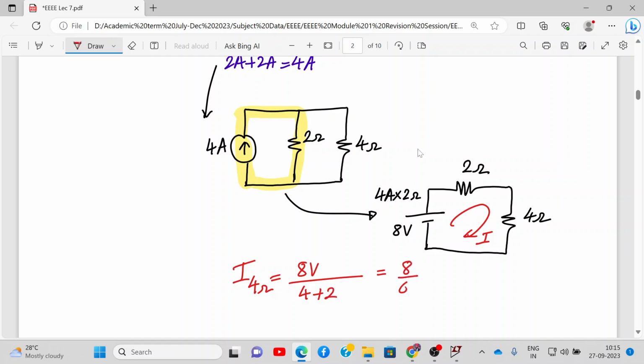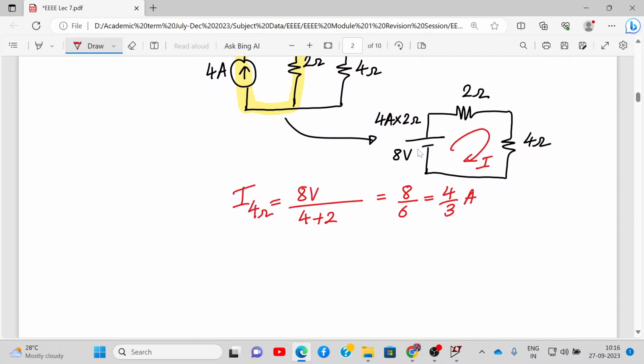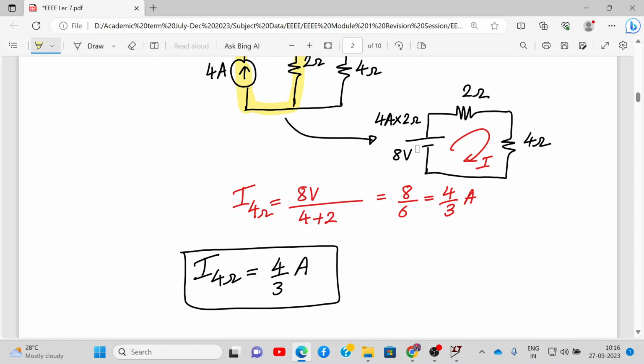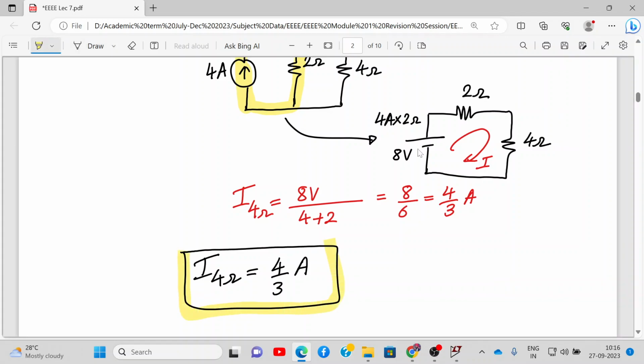That will be 8 by 6, that will be 4 by 3 amperes. So the current flowing through the 4 ohm resistance is 4 by 3 amperes, that is 1.333. All right, so this is how we can apply a simple source transformation and find the value of the current flowing through the 4 ohm resistance.